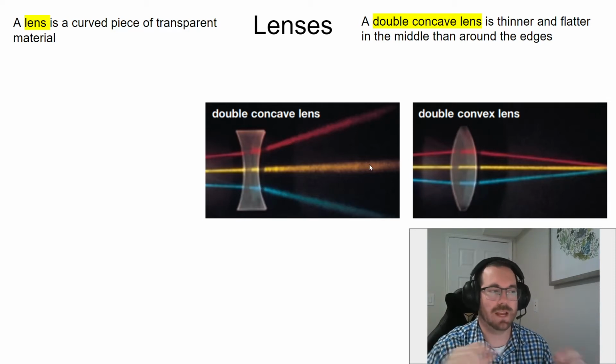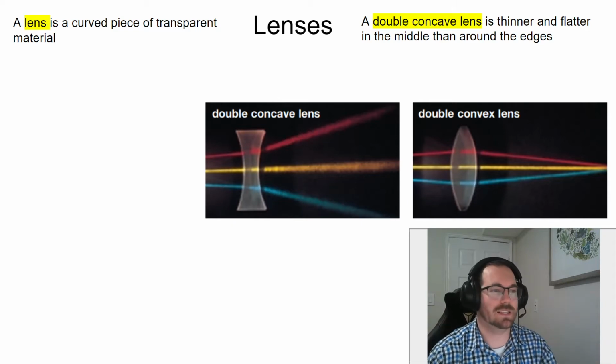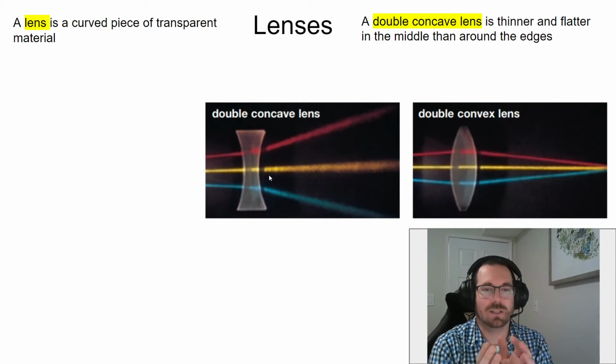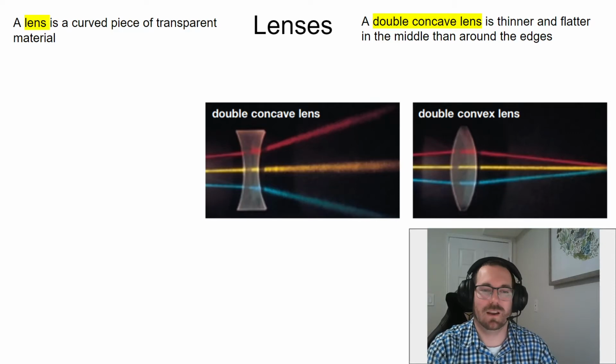It's not going to bend because it's already coming in straight, and so it's going to continue straight in that same direction. It's hitting it at a fairly flat spot as well. And so here we see that it causes the light rays to bend out in a double concave lens, which is the exact opposite of what we saw with the concave mirror, where it came in. I mean, eventually it did go out, but after it flipped.